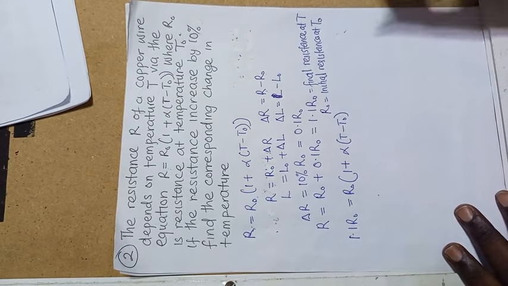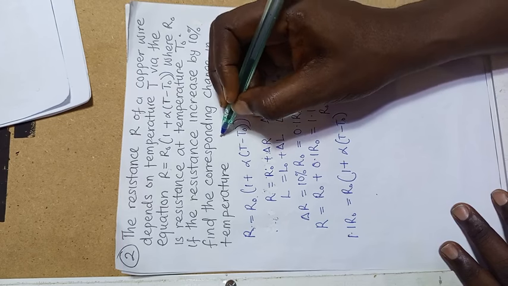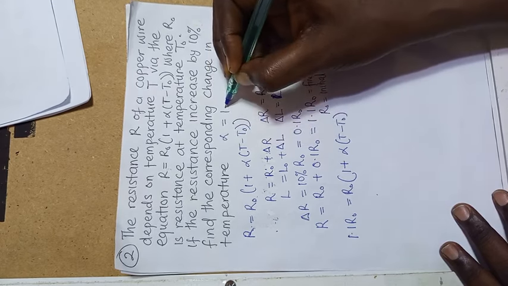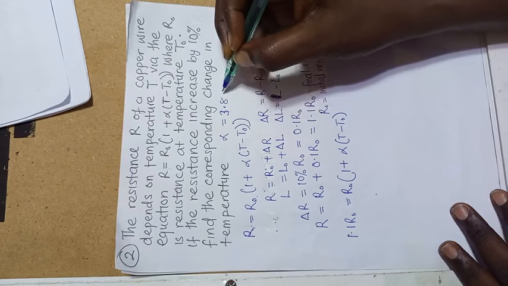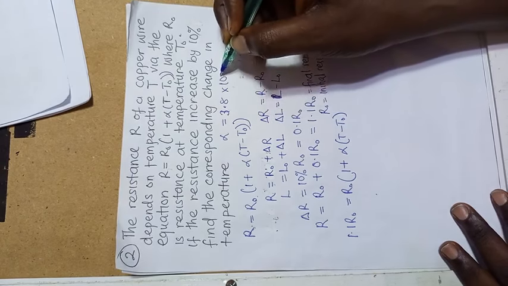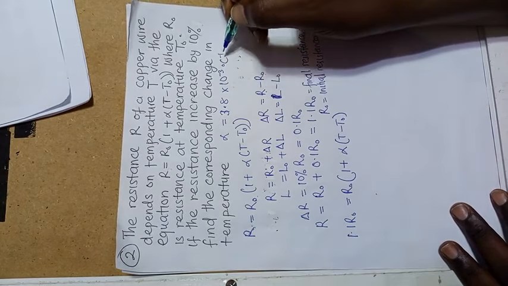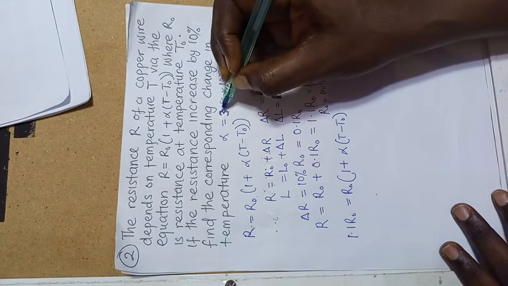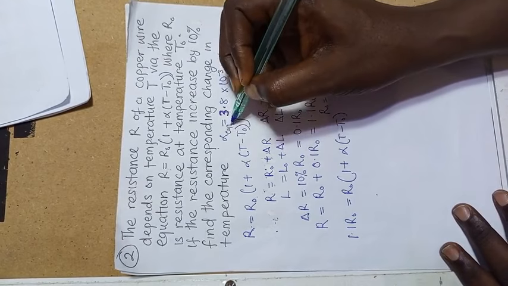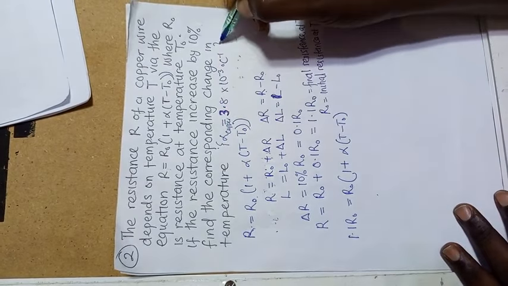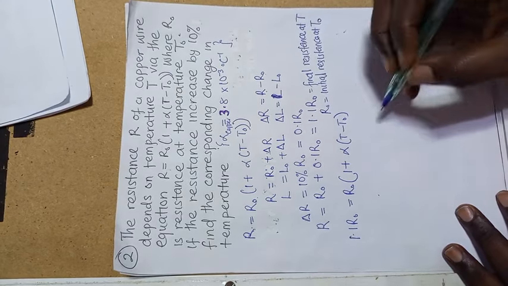Now, since it is copper, take alpha of copper to be 3.8 times 10 to the power of minus 3 per degree Celsius. Now that is the value given for copper.